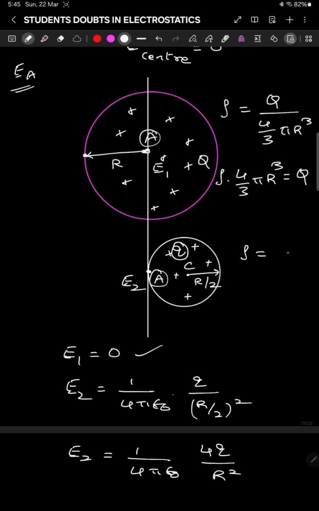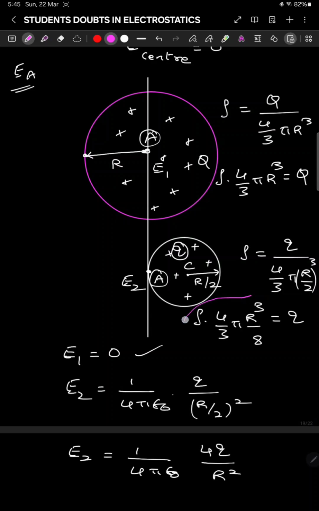For this small sphere, density equals charge q by volume 4 by 3 pi, R by 2 whole cube. So small charge becomes rho into 4 by 3 pi R cube by 8. Instead of small q, substitute this one. Instead of capital Q, you can substitute this one.